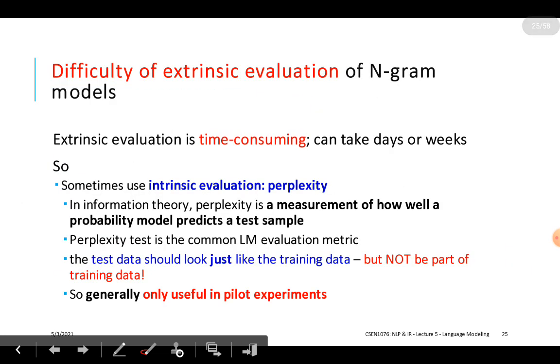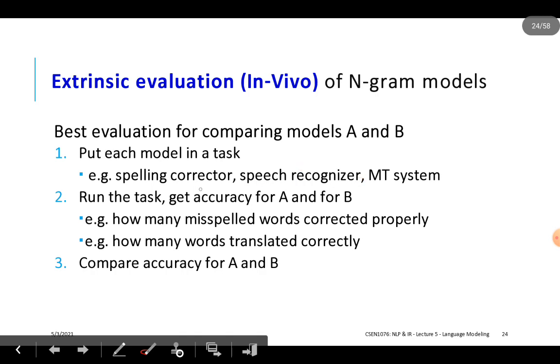So another measure that we can use is the perplexity measure. The perplexity measure is essentially a rough estimation of how understandable a sentence is. And it's intrinsic because it does not depend on external feedback from either humans or training tasks that we can have.